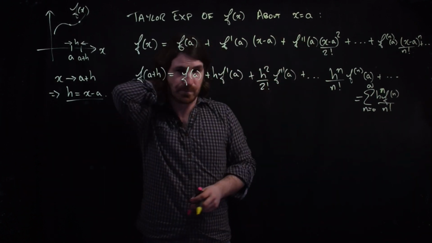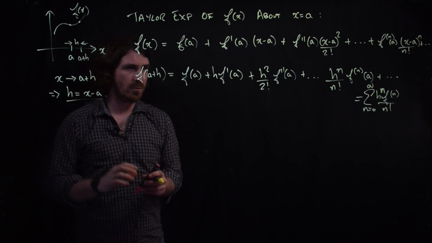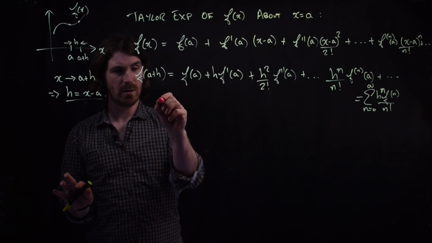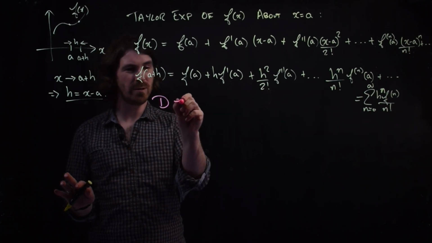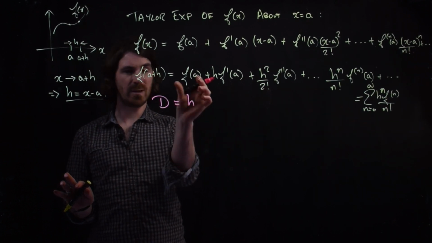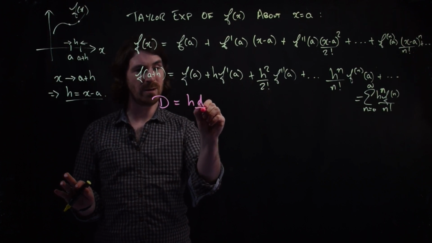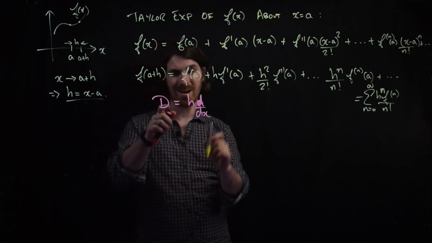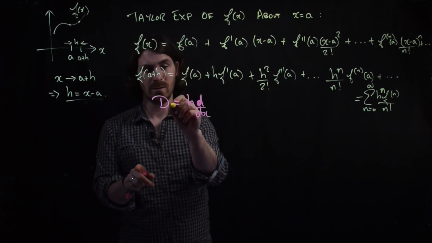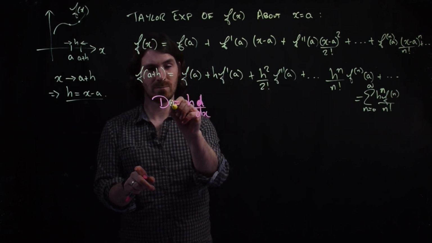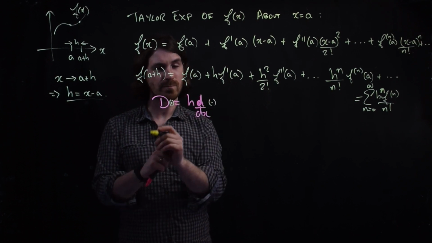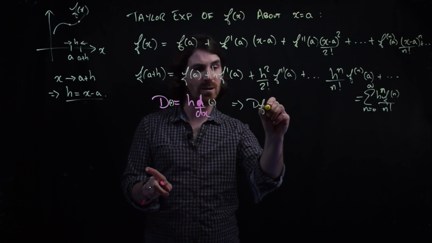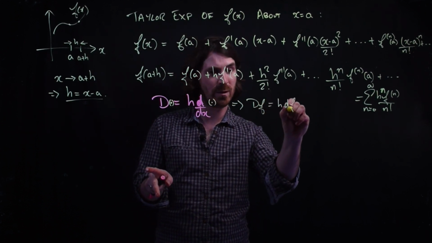Right, now let's introduce d, a differential operator, that is h, the step size, times d by dx, where it's understood that this acts on something. So df is h df by dx.